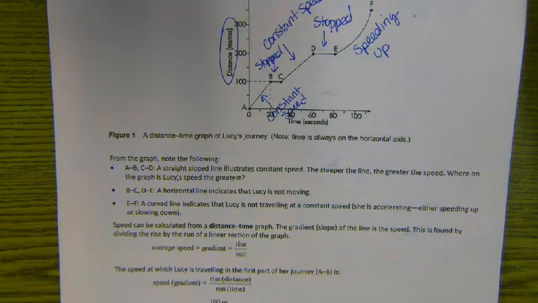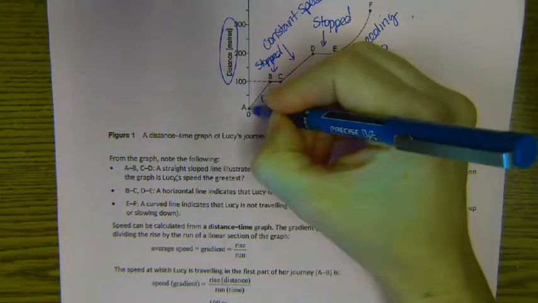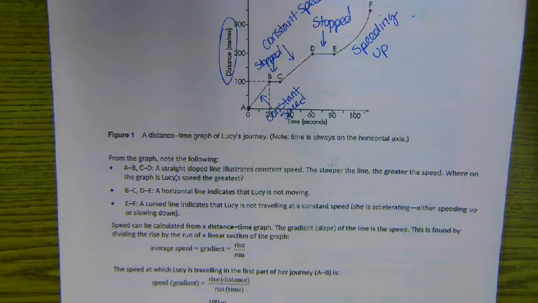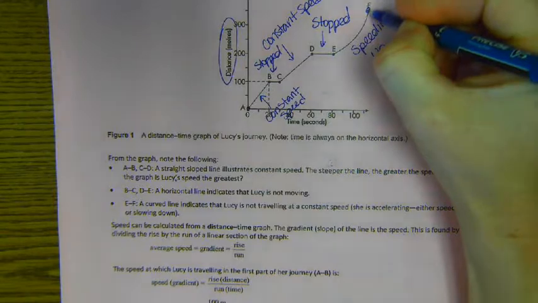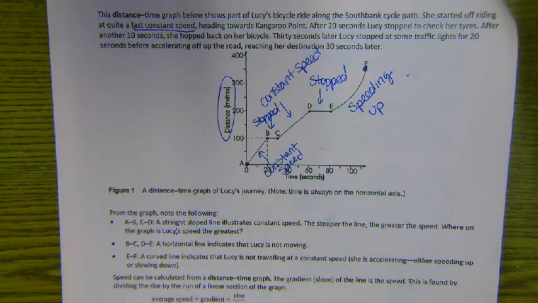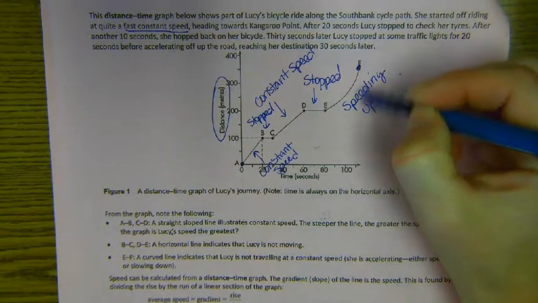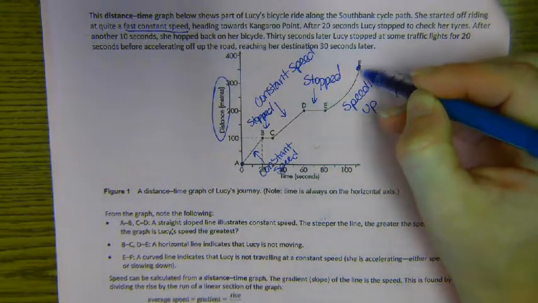One other thing I would like us to do is let's do this ourselves. Let's figure out Lucy's average speed over the whole graph. So let's look at where she starts. She starts where? 0, 0. Where does she end? 350, and it looks like, is it 100 or 110?